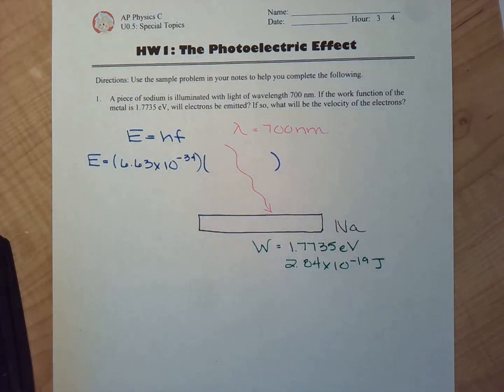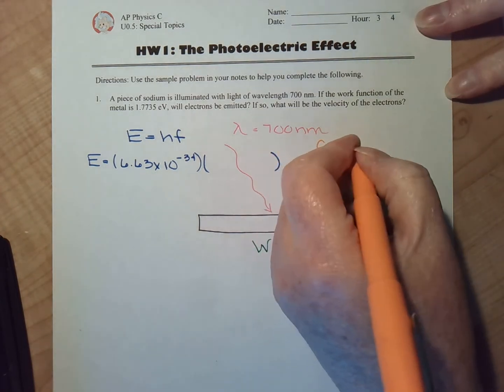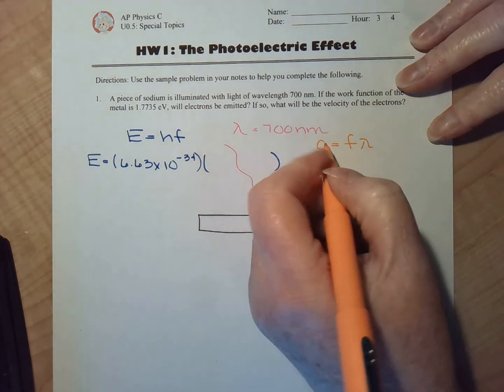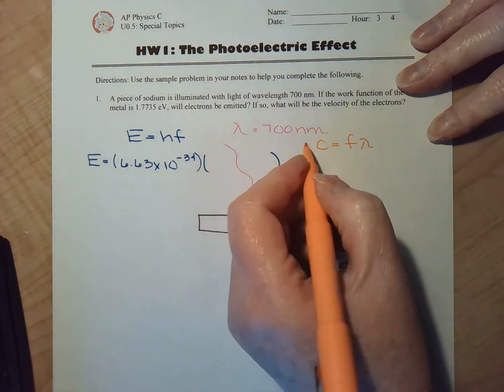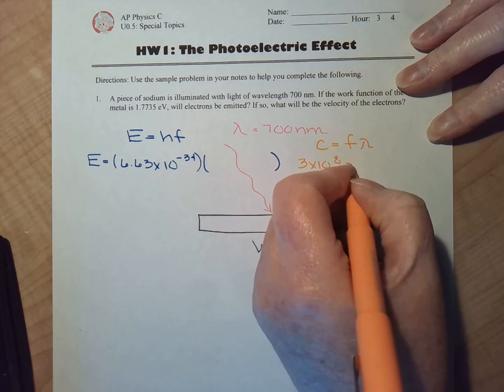But we don't know the frequency of the light, we only know the wavelength. So I can use the wave equation, which is c equals frequency times wavelength. And all of the waves of the electromagnetic spectrum travel at the speed of light, so I can put that down, 3 times 10 to the 8th.